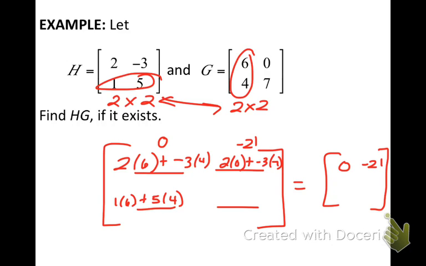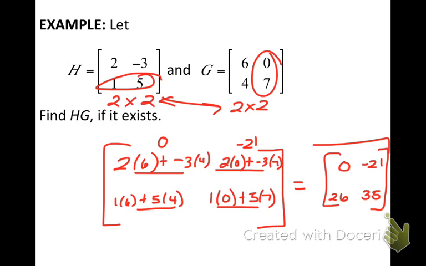So 1 times 6 is 6, plus 20 gets us 26. To get row 2, column 2, I'm going to take row 2, combine it with column 2. So 1 times 0 plus 5 times 7, which gets us 35. So there would be our answer. So there would be your HG.